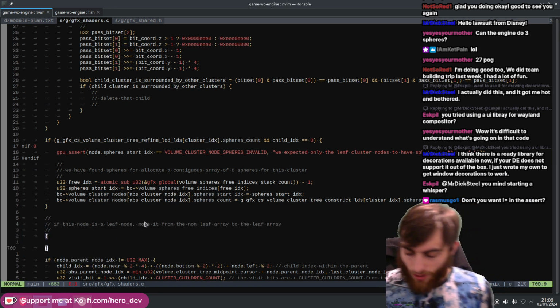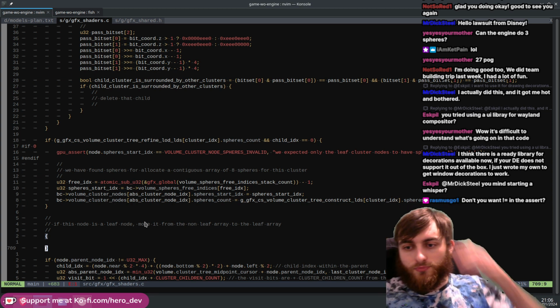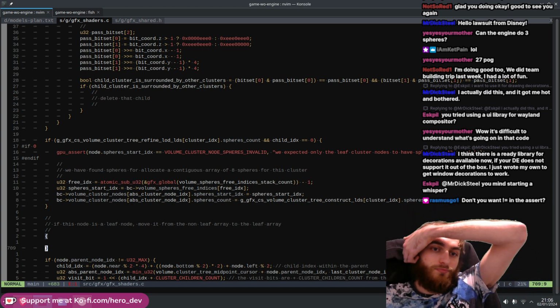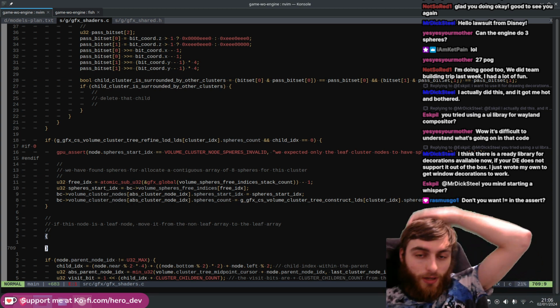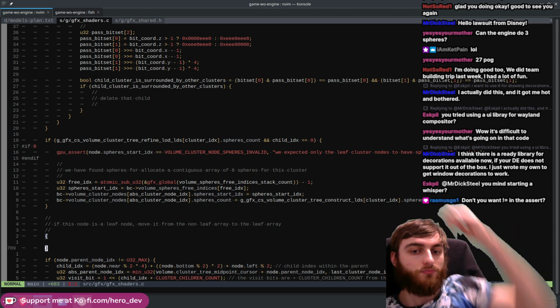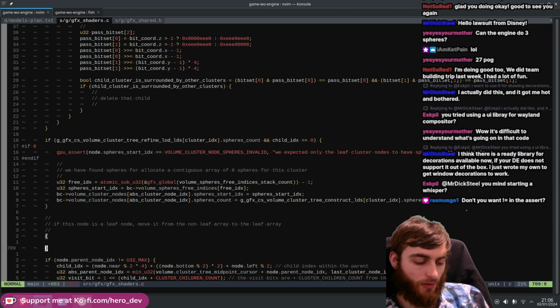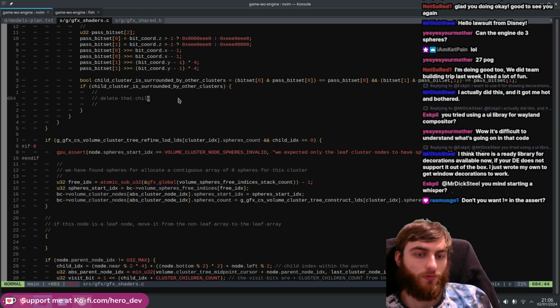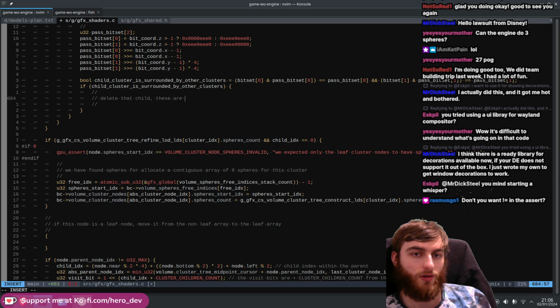So I think what we need to do, we might have to break into another pass, but there might be an intelligent way to do this. So these ones are only leaf nodes, right? These are leaf nodes.